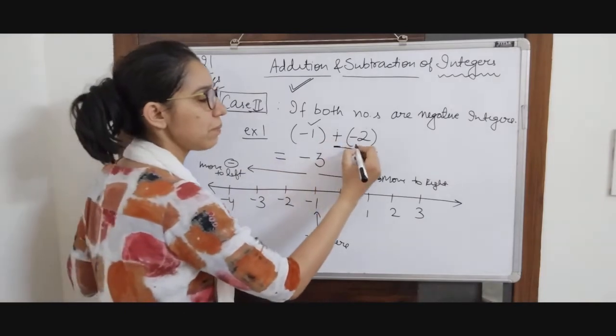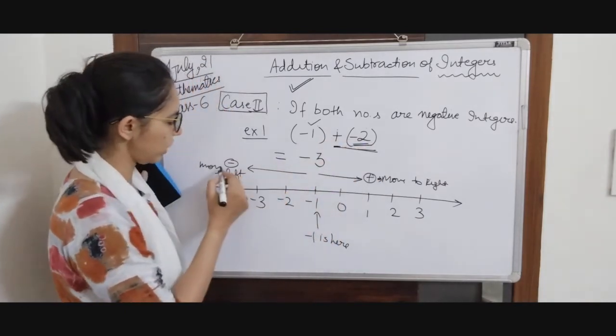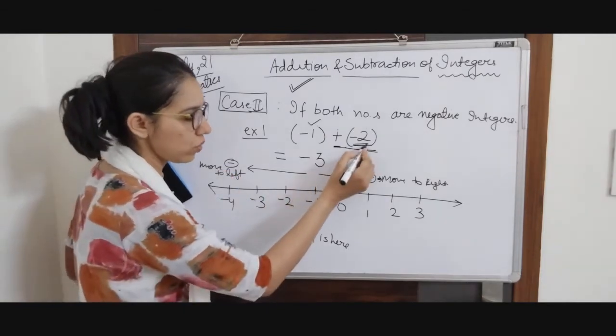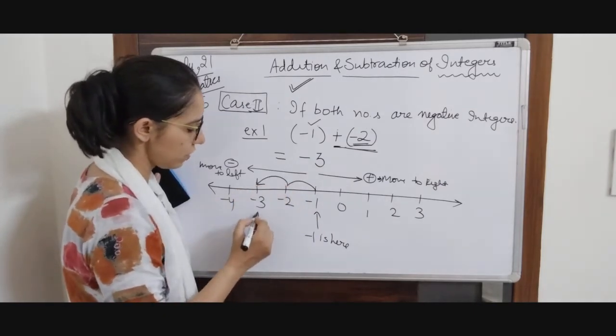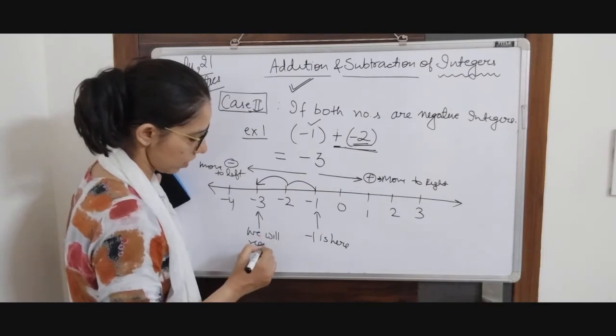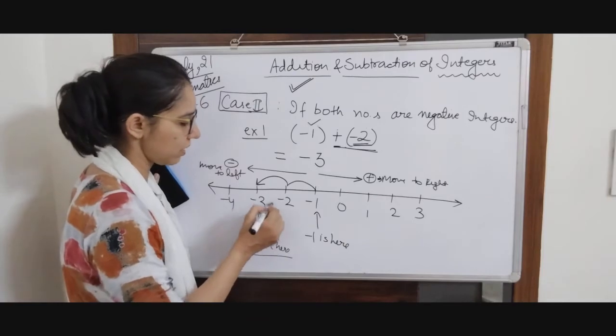Now it is plus minus 2. Minus 2. It means we have to move to which direction? We have to move to left. How many steps? By 2 steps. 1 and 2. We will reach here. So what is this number? This number is 3.